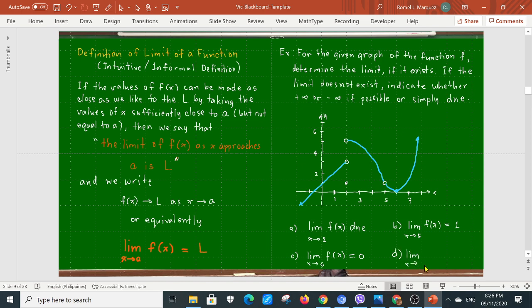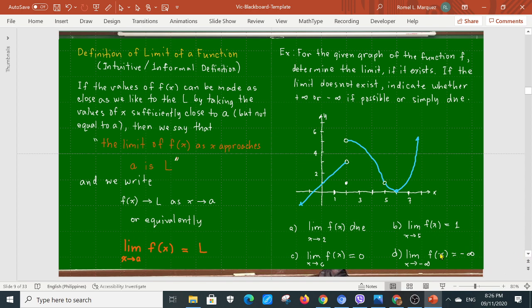Letter D. What's the limit as x approaches negative infinity of f of x? Approaching negative infinity, meaning I will travel along this line going to the left. Where do I go? What do you notice? I keep on going down. So, negative infinity.